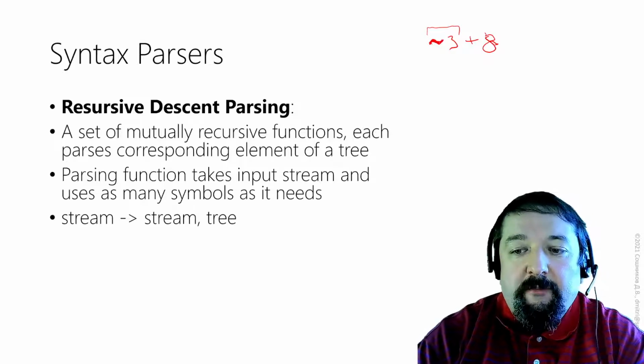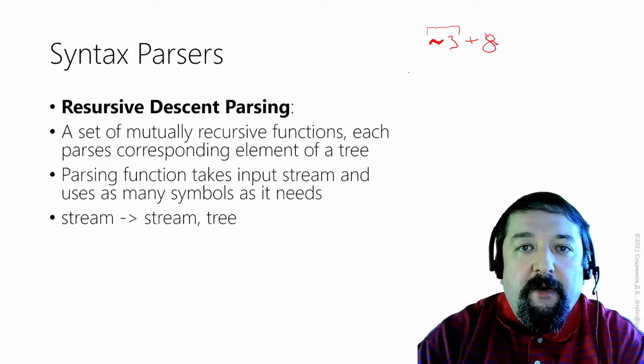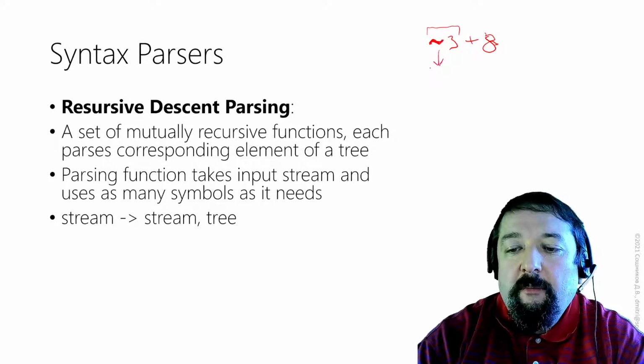So the recursive descent parser would see that this initial expression can be parsed using neg, and it would call the function neg, which will parse this part of the tree, and it will return the corresponding subtree, negation of 3, and the rest of the substring, which is plus 8.